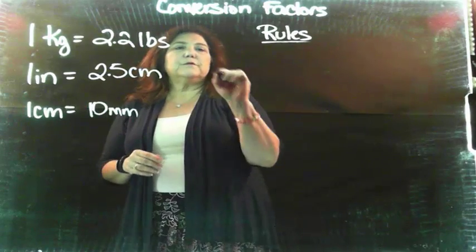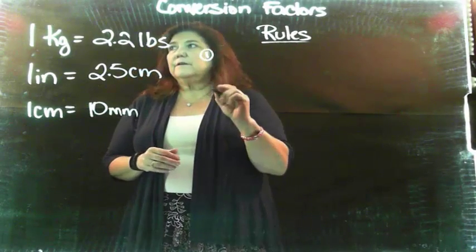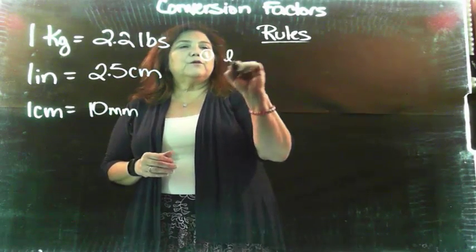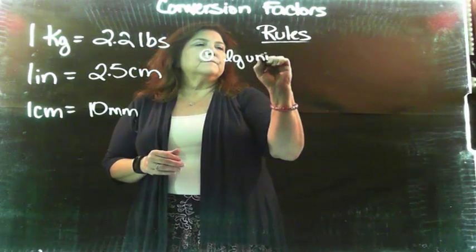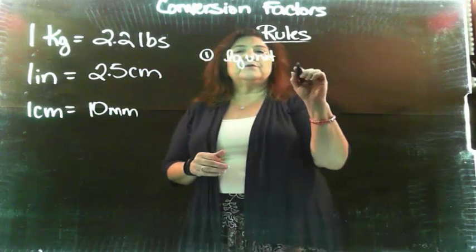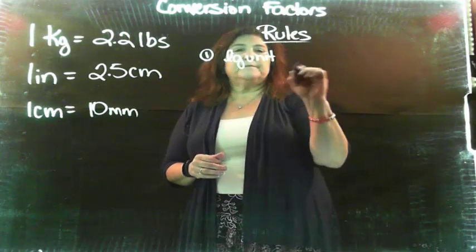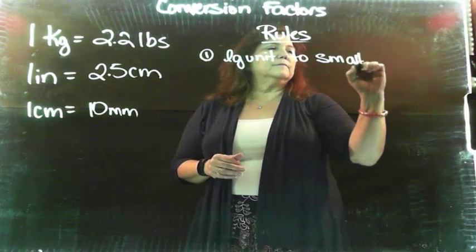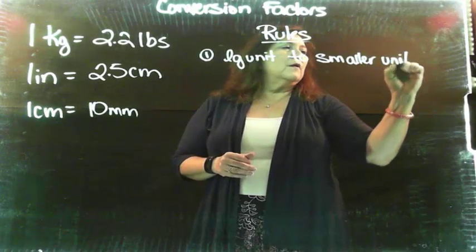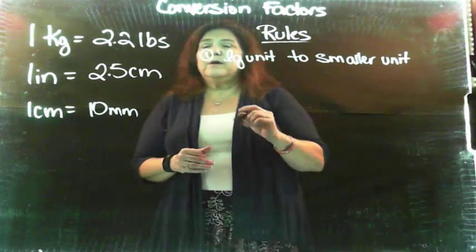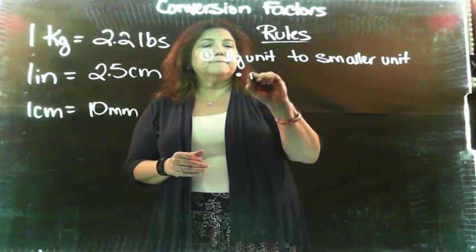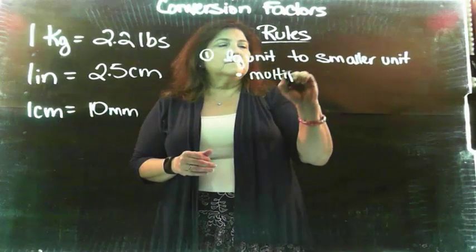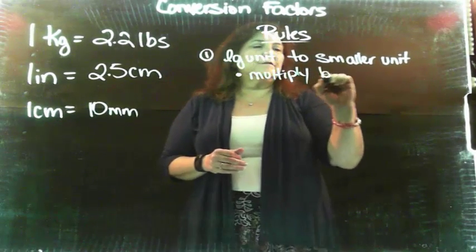There's only 2 rules. The first rule says that when I'm starting with a larger unit of measure and I want to go to a smaller unit, the math function that I need to do is I need to multiply by my conversion fact.